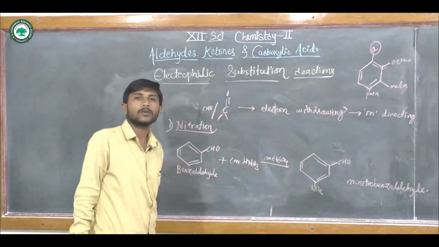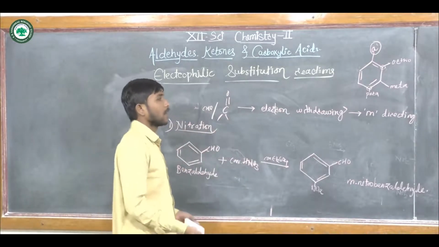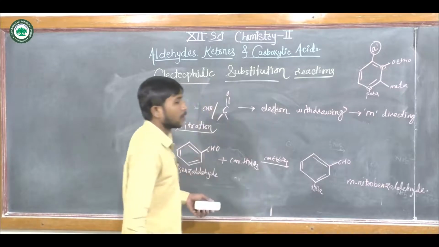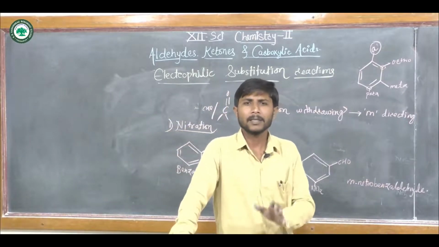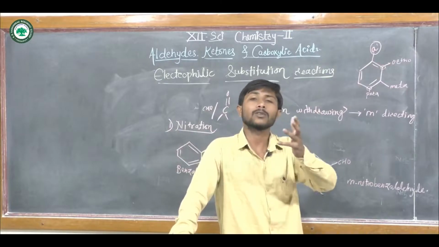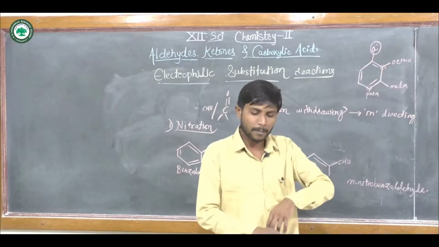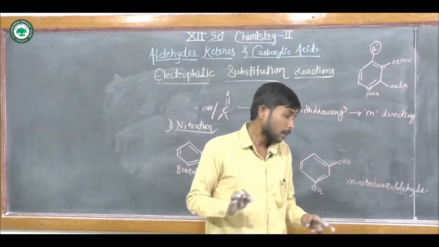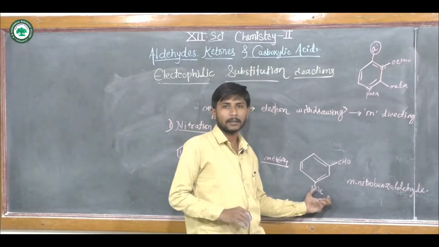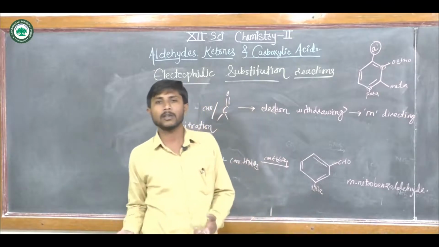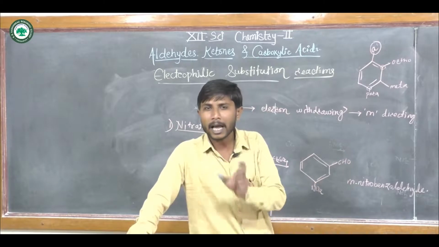And likewise you can write the reactions of nitration. Then for halogenation we can write the reaction of benzaldehyde. Benzaldehyde, when it undergoes chlorination in presence of anhydrous ferric chloride, forms metachlorobenzaldehyde. The concept we have to remember is that the product will be meta directing, or on reaction with concentrated sulfuric acid or fuming sulfuric acid, there will be the meta product, that is sulfonic acid.